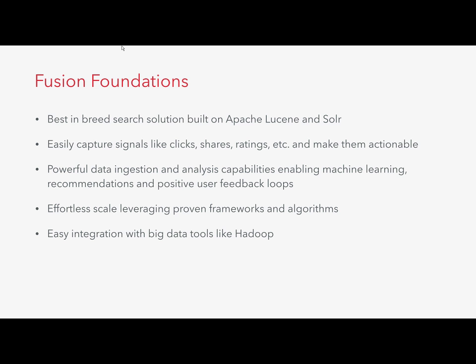And we'll get into how those features of Lucene and Solr enable more things in data science in a minute here. Second really key foundation is this notion of signals that I talked about earlier. If you've been paying any attention at all to the likes of Google and Facebook and Amazon, et cetera, you know that one of the things that really powers content on those sites is the fact that they take in feedback from users and other systems all the time in an effort to then improve their content going forward.